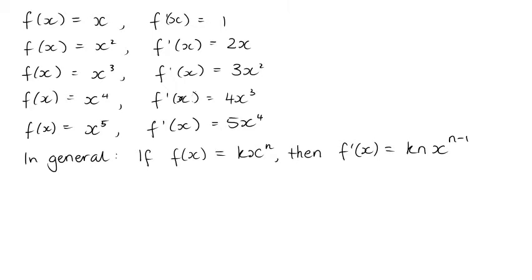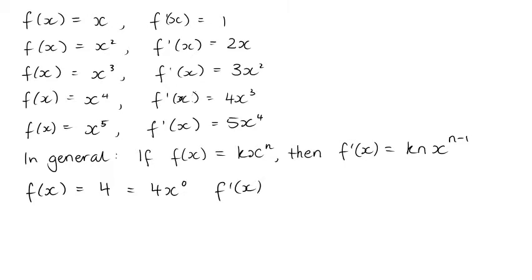Right? And it holds for any constant number as well. So if f of x equals 4, that's the same as 4x to the 0, right? Because x to the 0 is 1. 1 times 4 is 4. So if we follow that rule, we take the 0 down, multiply it by 4.